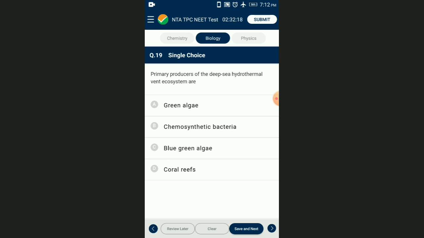The chemical energy thus obtained is trapped in ATP molecules and then used in carbon assimilation with the help of hydrogen from sources other than water. It is hydrogen sulfide used as hydrogen donor. So the answer for this question is option B. Chemosynthetic bacteria.